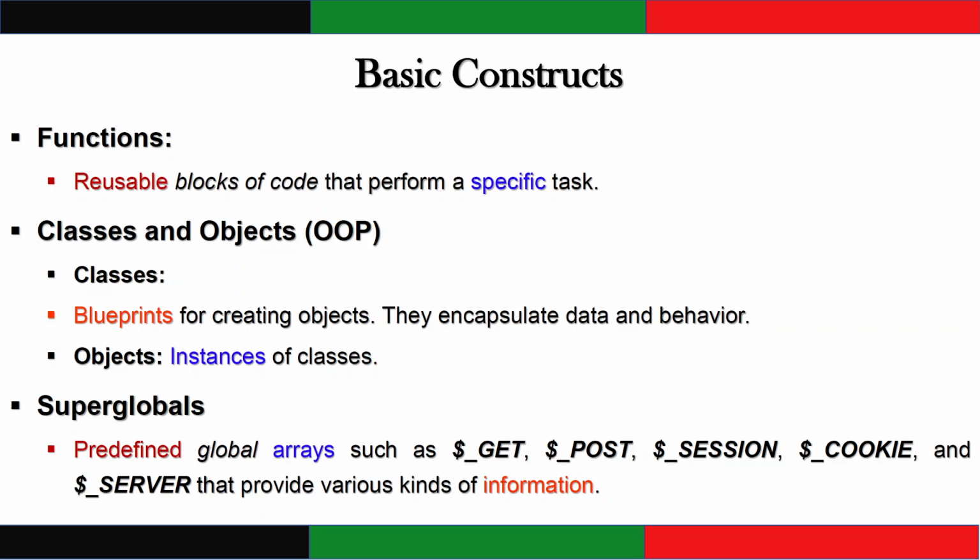Super globals. There are some other variables found in PHP whose functionalities are already known to PHP. Whenever we call them, PHP already knows by default what they are for and what they are supposed to do for us. You are going to interact with a few of them, like GET, POST, and even SESSION, COOKIE, or SERVER.